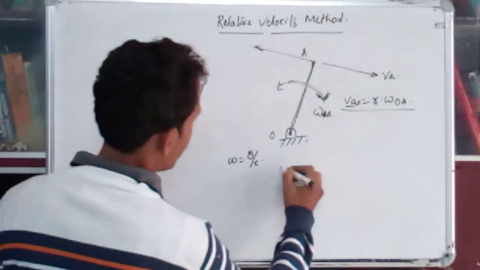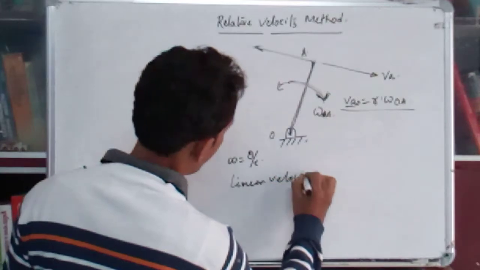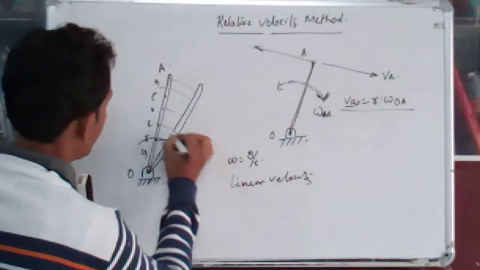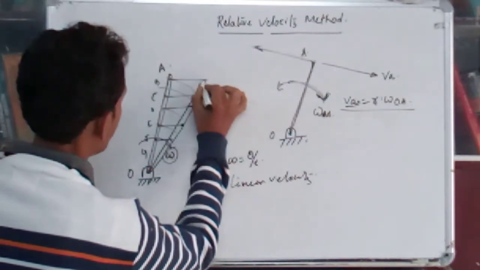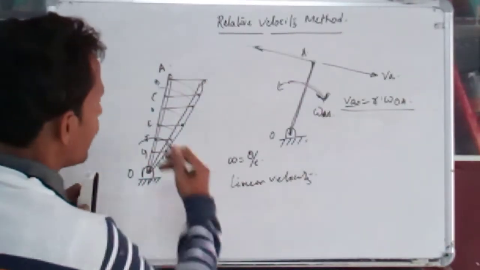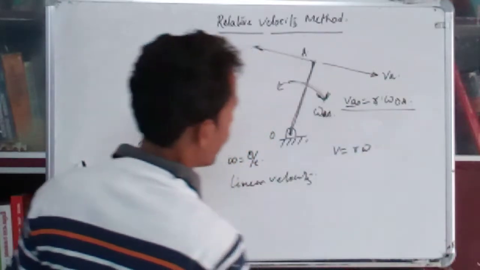But the linear velocity changes, because v is equal to r into omega.